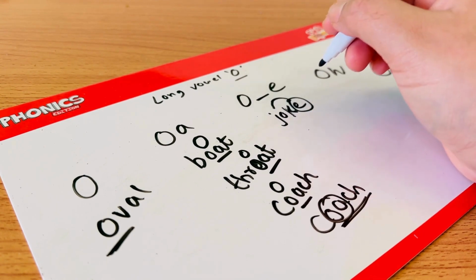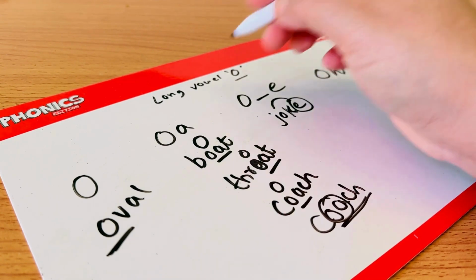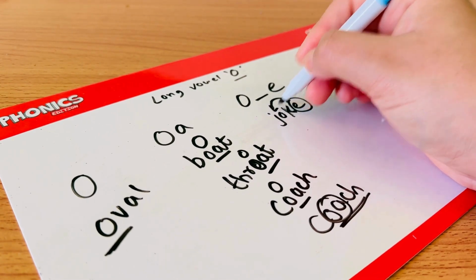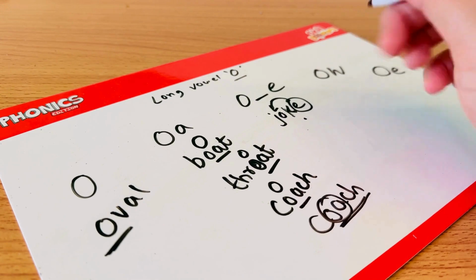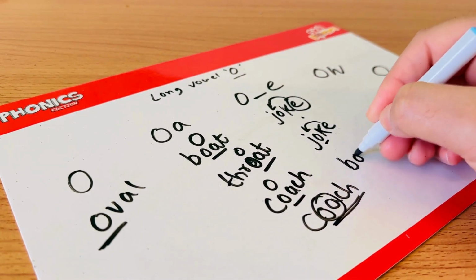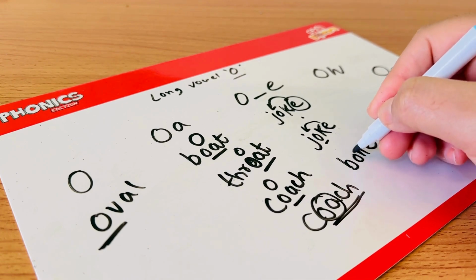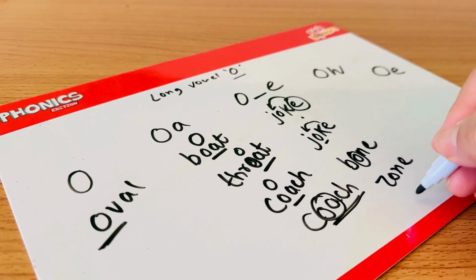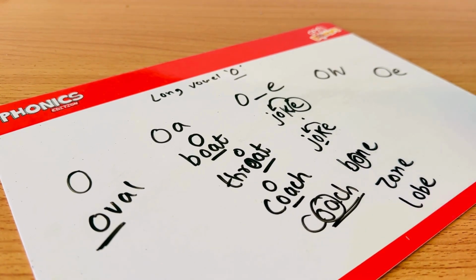Let's look at another example of long vowel O, where the word ends with E and magic E is implemented. Bone. Because of magic E, the long vowel sound is coming of letter O. Zone, lobe. These are all the words of long vowel O.